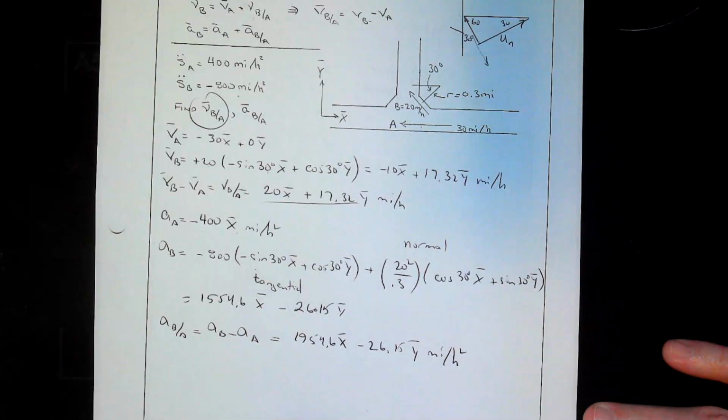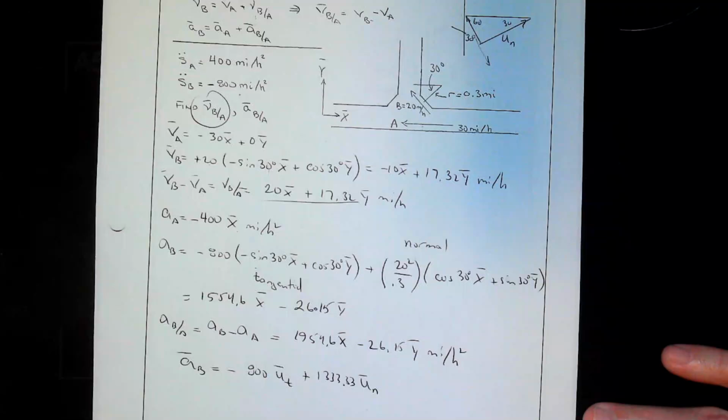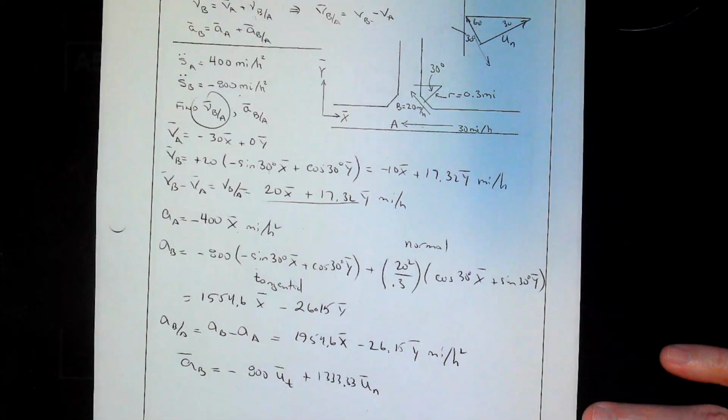So this is the direction of the velocity, 20 miles per hour. That makes that 60, which makes this here 30 degrees. So I have 20 miles per hour going this way, and here's that 30 degrees.